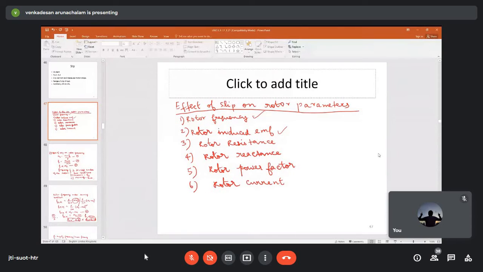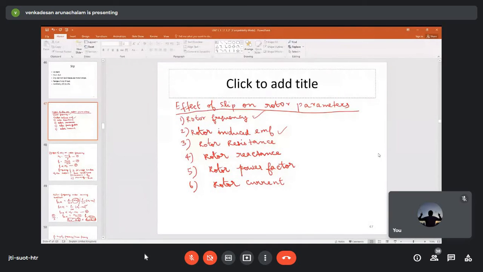So what will happen to the rotor frequency? Because it is an AC machine, the rotor also has an induced EMF, so the rotor also has current. What is the frequency of that induced EMF and of the rotor current? Because the rotor is not running with synchronous speed, it is running lesser than the synchronous speed, because of that you have slip.